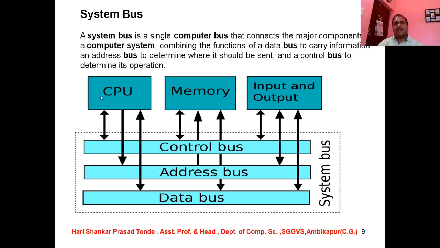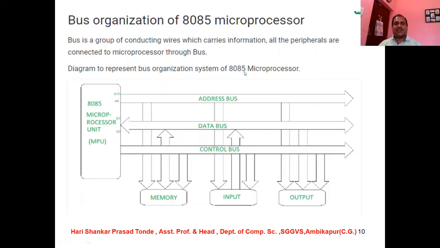In this functioning, the system bus plays an important role. Why? Because of the control bus, the address bus, and the data bus. The data bus provides the data, the address bus provides the address of the particular variables and constants, and the control bus has various types of logic gates available for the communication of data from one place to another on the motherboard. So this is the architecture of the system bus.